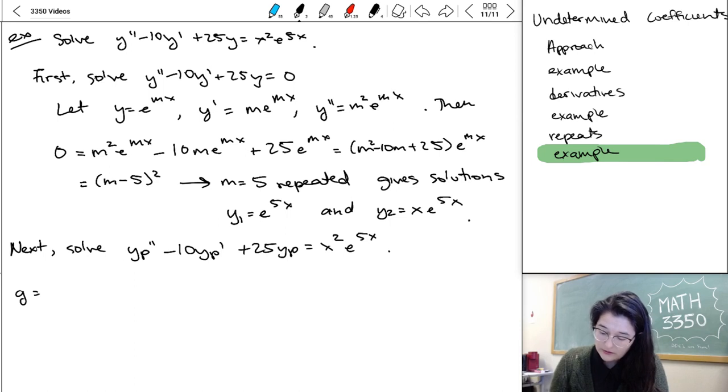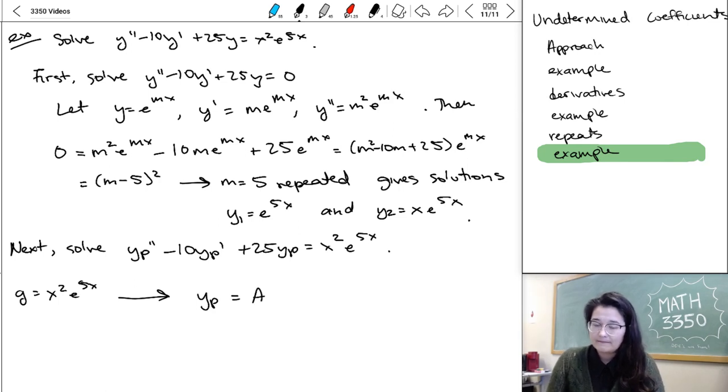We know from this equation that g is equal to x squared e to 5x. Y sub p is going to be a times whatever g looks like. So x squared e to 5x, that's my step A formulation of g.